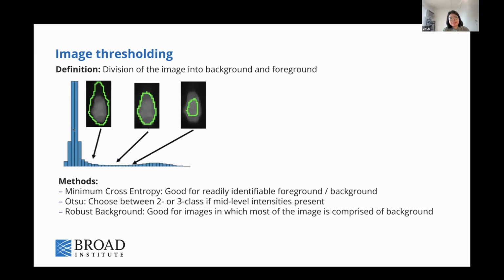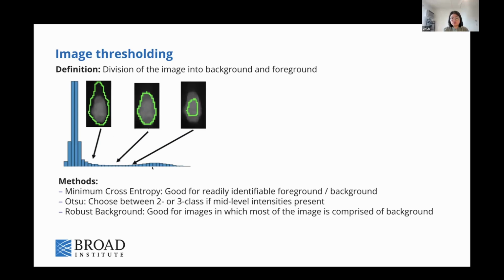So what it means is, you can see here a histogram of the pixels, and the lower end is the background, and the higher pixel end is the real signal. If we choose the cutoff so that the left part is the background and the right part is the real signal, and you choose too far left, your segmented object contains a lot of signal from the background.